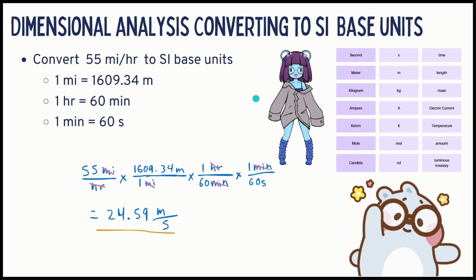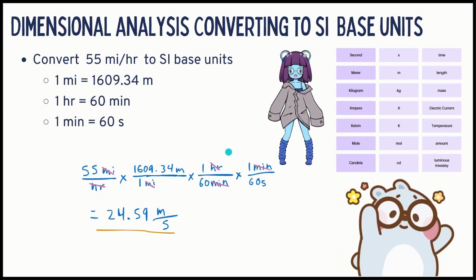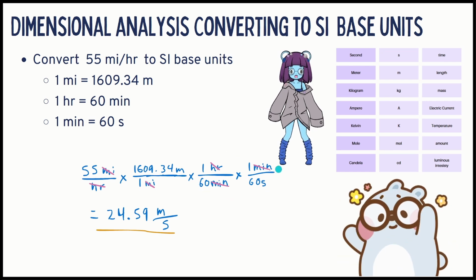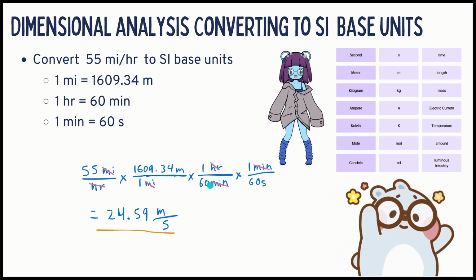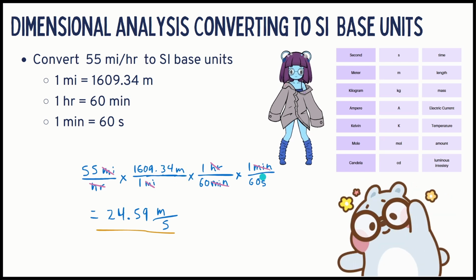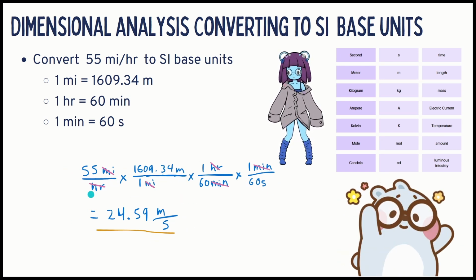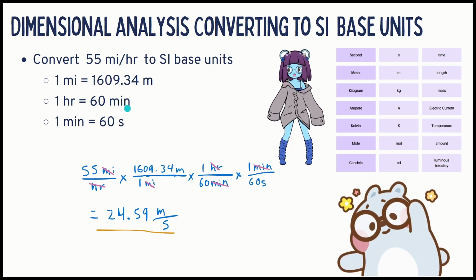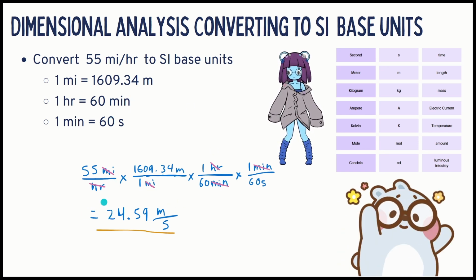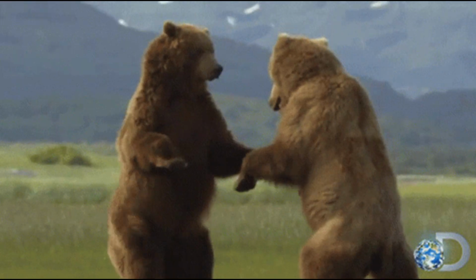And then similarly to the previous problem, we can change hours into seconds using these two factors. We cross out the hours, cross out the minutes, and we can see here that meters and seconds are left. So we just multiply across and we get this value for 55 miles per hour is equal to this value in meters per second.